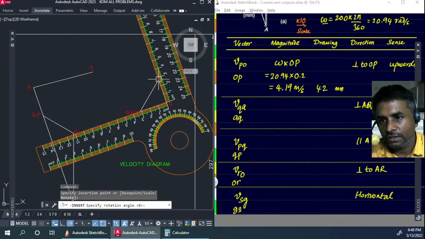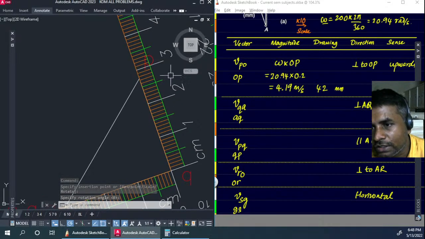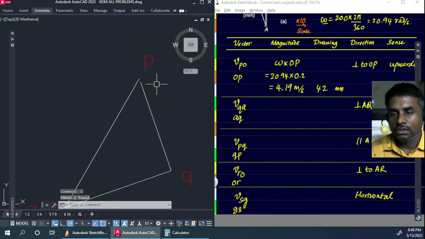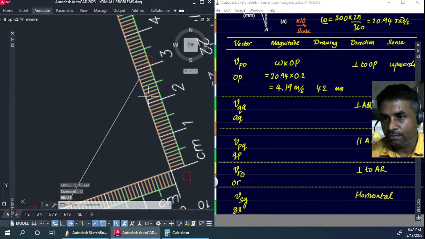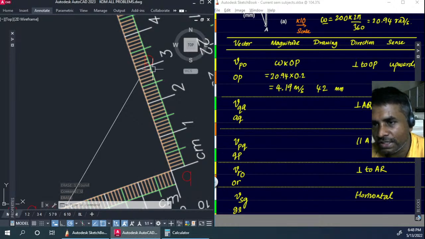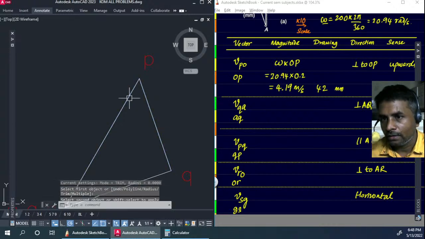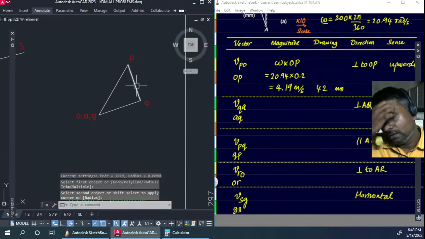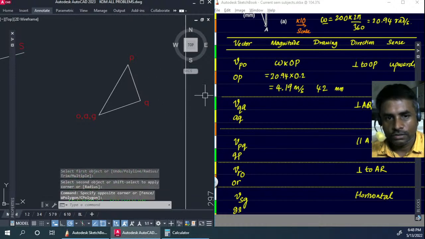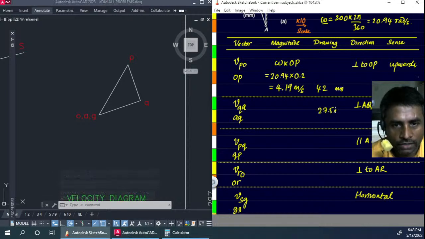Velocity of P with respect to Q, we can see that length is 27.5, because that length is between 27 and 28 mm. So this length here is 27.5 mm.